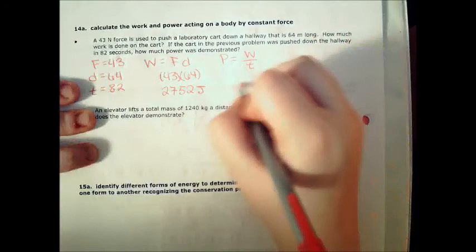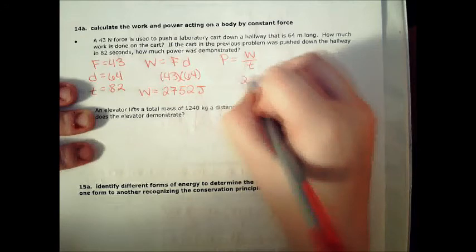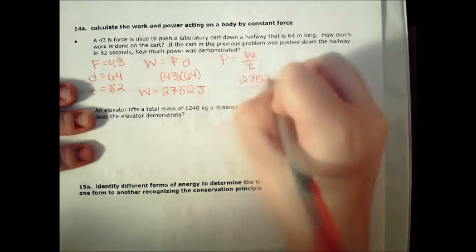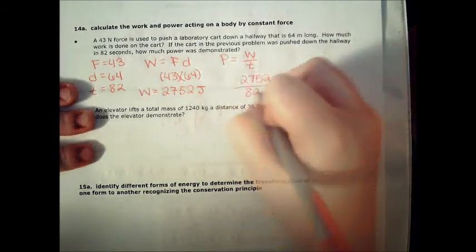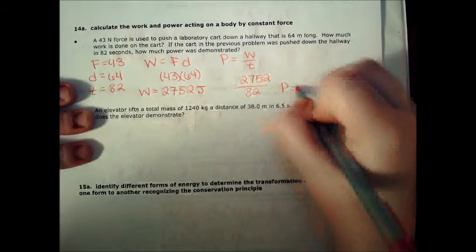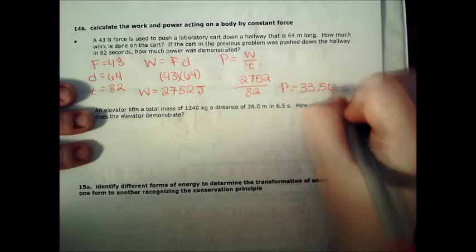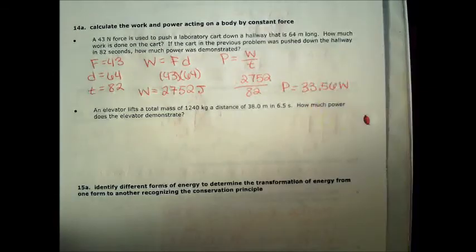And then we'll take that number and do 2,752 divided by 82. And we will find that P, power, equals 33.56 watts.